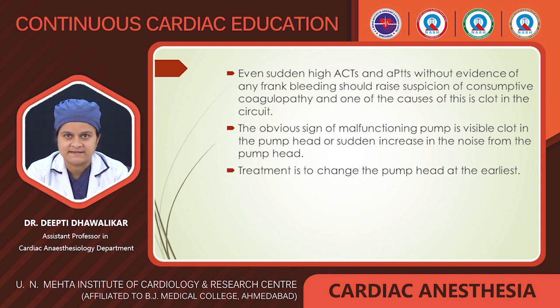Even sudden high ACTs and APTTs without any evidence of frank bleeding should raise suspicion of consumptive coagulopathy, and one of the causes of this is clot in the circuit. The obvious sign of a malfunctioning pump is a visible clot in the pump head or a sudden increase in the noise from the pump head. Treatment is to change the pump head at the earliest.